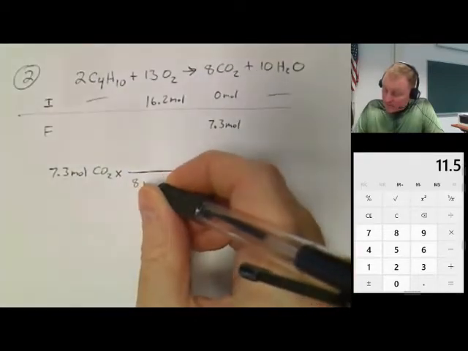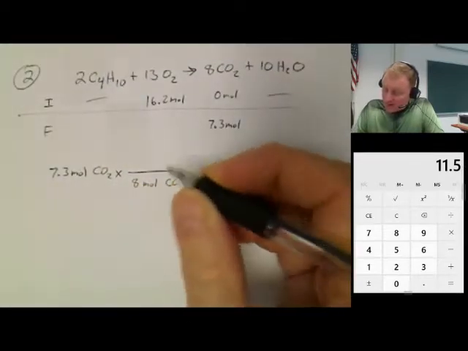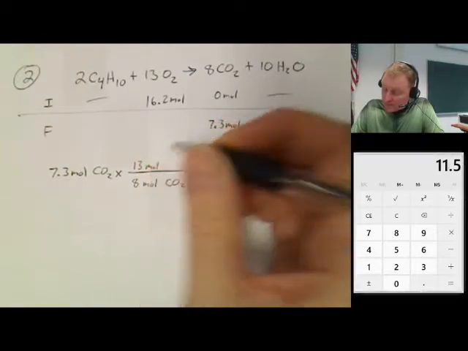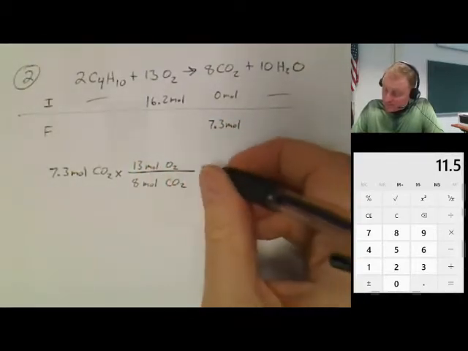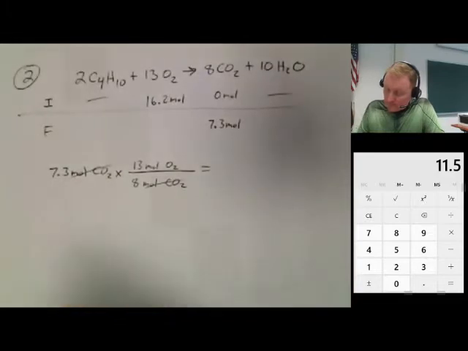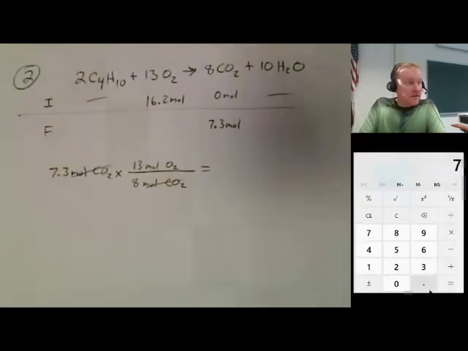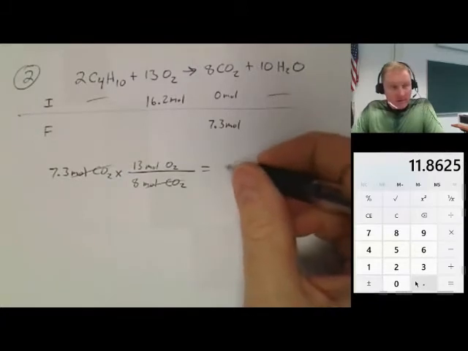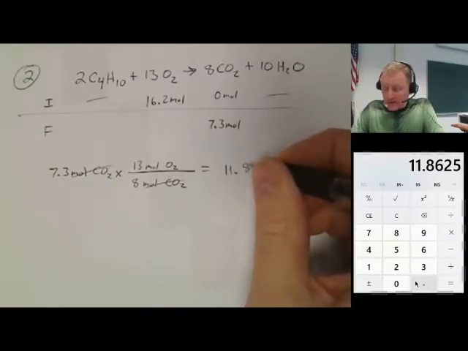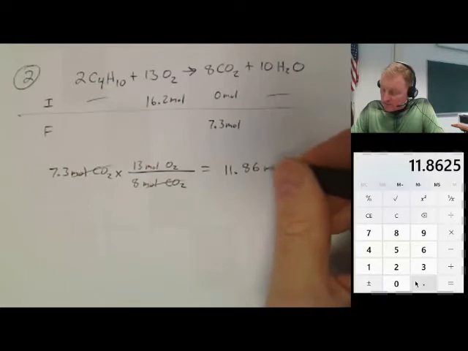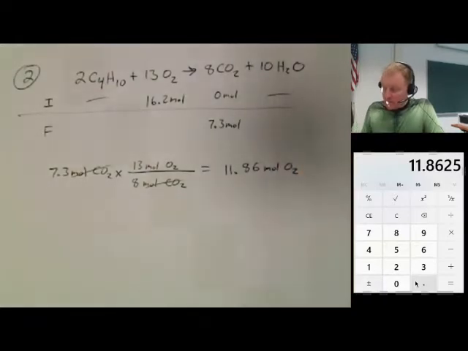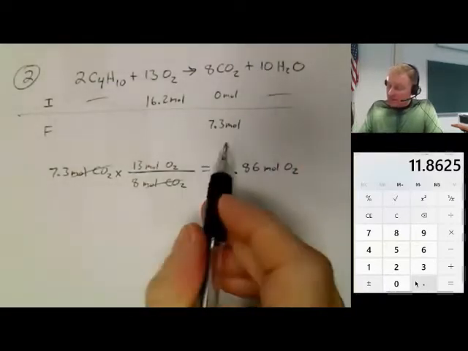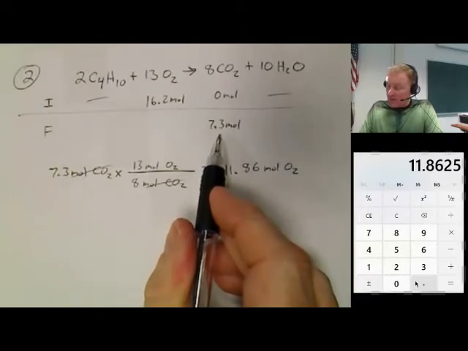For every 8 moles of carbon dioxide, you have 13 moles of oxygen. So that would be 7.3 times 13 divided by 8. And I've got 11.86 moles of O2 was needed to produce the 7.3 moles of carbon dioxide.